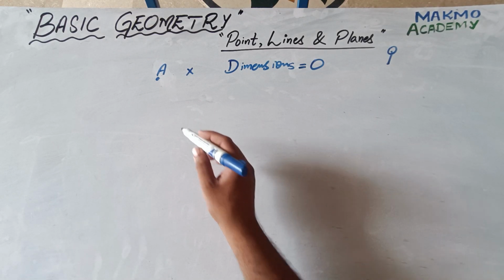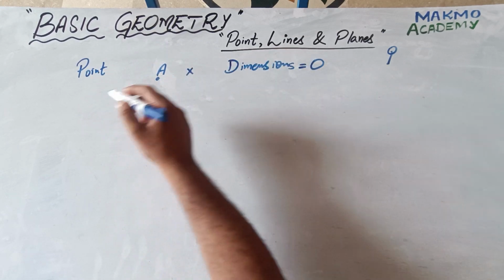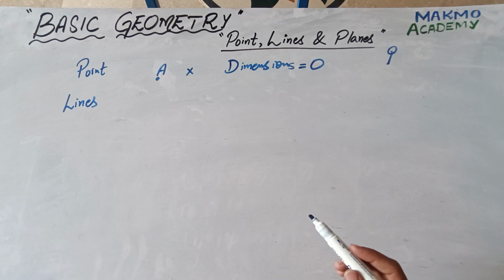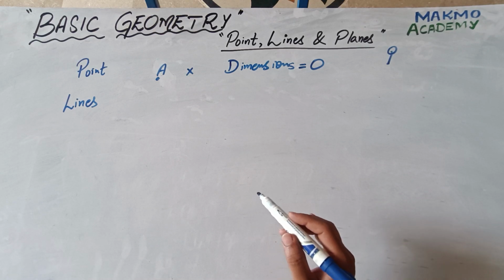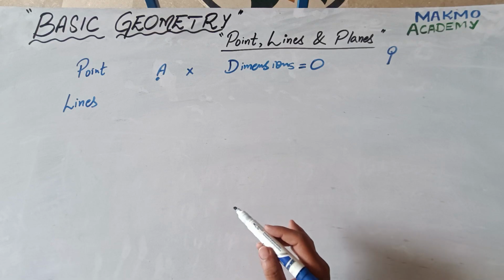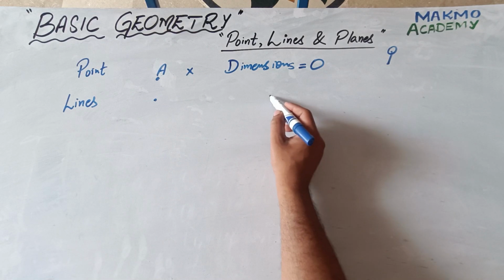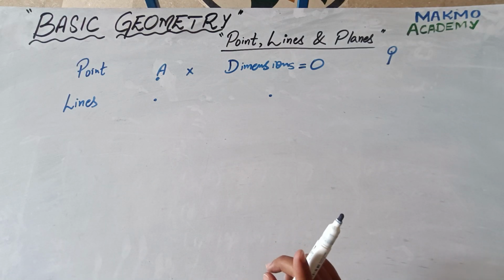So this one is a point, and the next is the line. How is a line formed, and how many points are required to construct a line? In order to construct a line, at least 2 points are required.